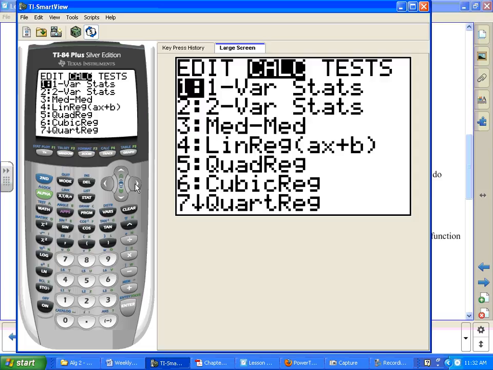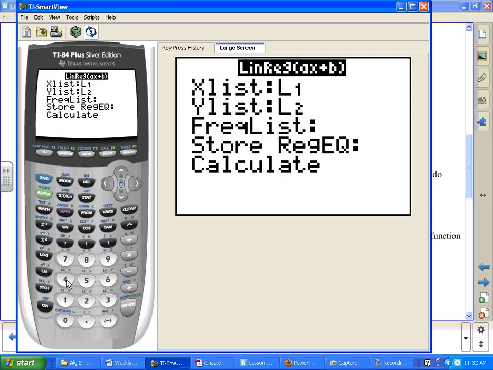And you can see here at number 4, it says linreg. Okay, that's linear regression, ax plus b. Hey, that's our y equals right there. Y equals ax plus b. Okay, so we're going to choose number 4, and everything should be set for you here. It should say your x list is list 1, your y list is list 2.